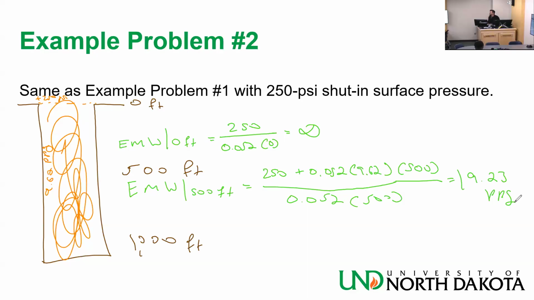That's an important value. You know why? If you convert that to psi per foot, what does it convert to? Basically, you multiply by 0.052 times 1, and it becomes 1.